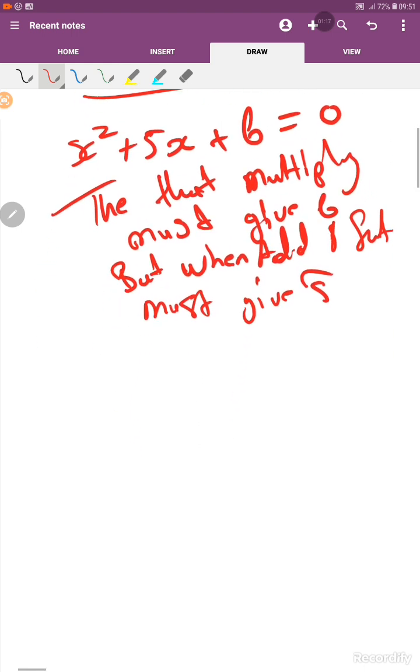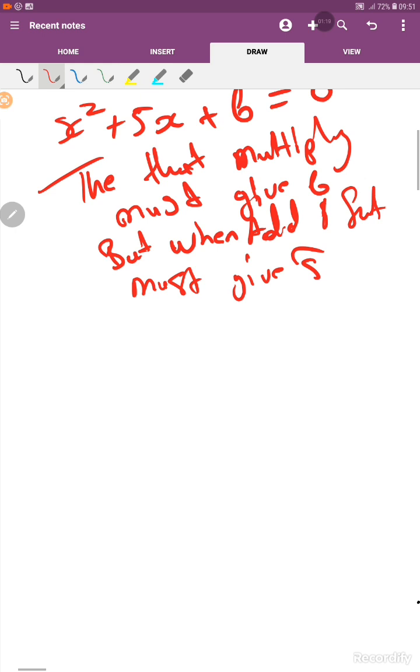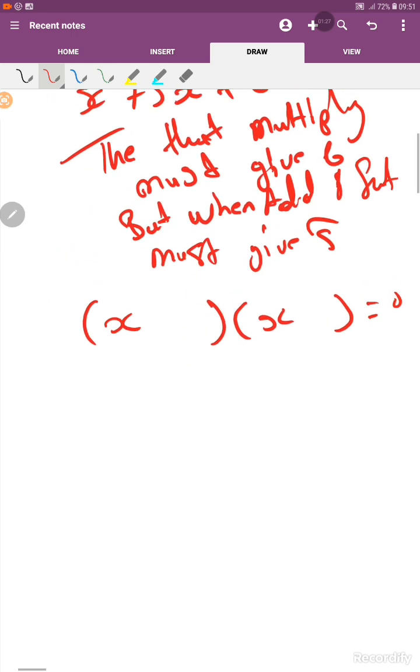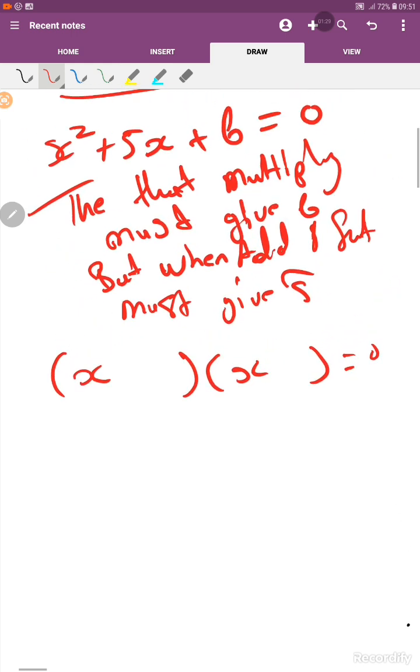So on that, we are going to open brackets first, then inside those brackets you must put x and x. Therefore now you have to deal with the common factors.